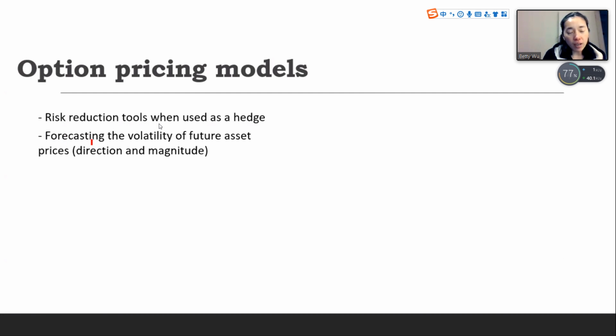And also here, you need to forecast the volatility of future prices. So you need to have some idea of how price might move in the future. Remember binomial, you need to know whether price moves up or down, and by how much in the future.